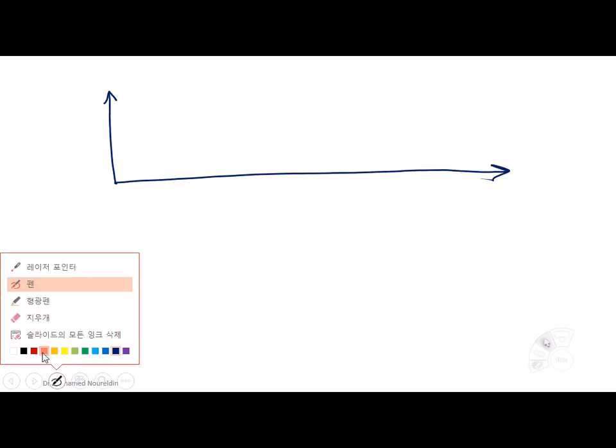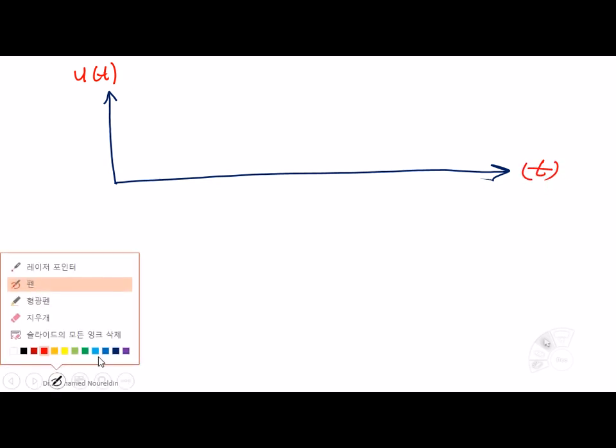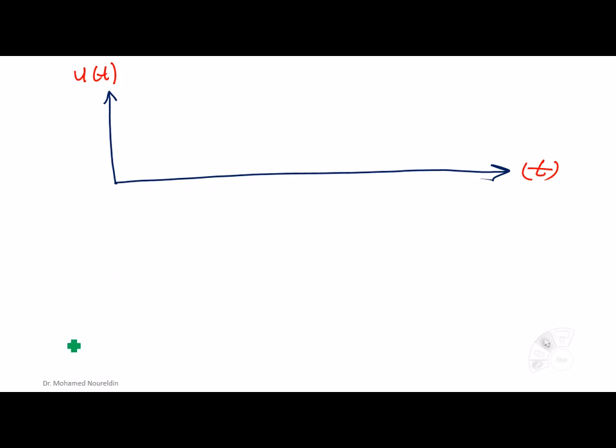When we draw it, we're going to find a relation between u of t on the vertical axis and t on the horizontal axis, and our equation is going to have this form.